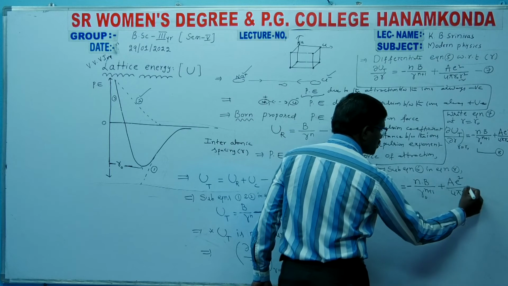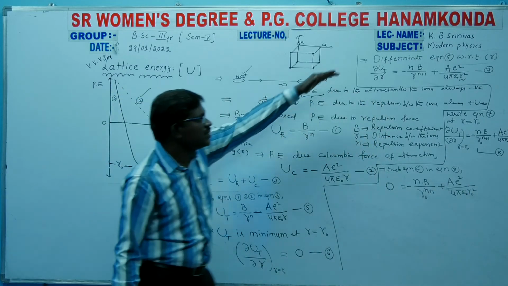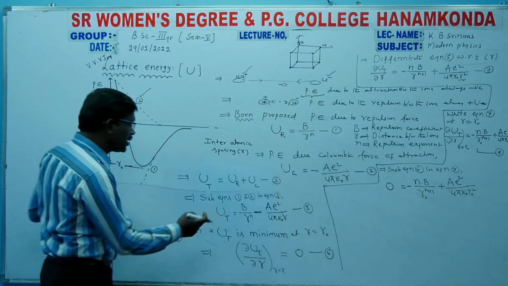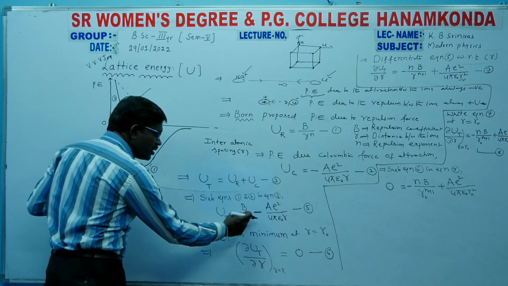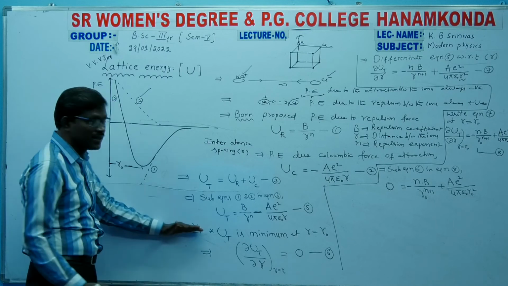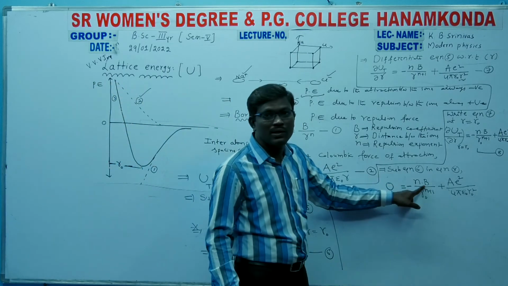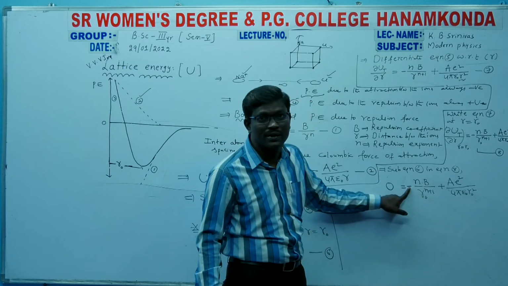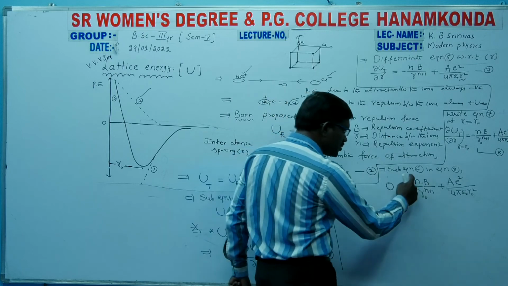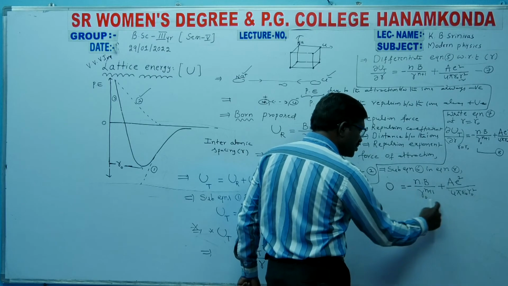Why am I doing this differentiation? To calculate b value individually, separately, I am considering this special case. My aim is to calculate b value and it is having a negative sign. Just to make it a positive sign, transpose this first term from RHS to LHS, and it becomes plus.